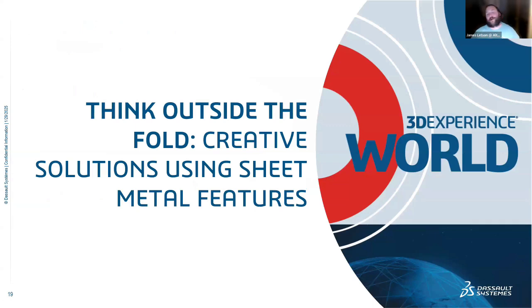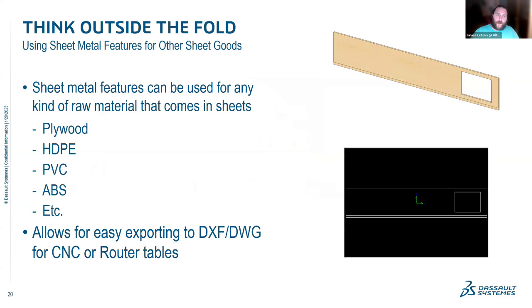The last thing I want to talk about is thinking outside the fold: creative solutions using sheet metal features for things that you wouldn't typically think you could use a sheet metal feature for. Sheet metal features can be used for any kind of raw material that comes in sheets. You think of sheet metal like a 4x8 sheet.